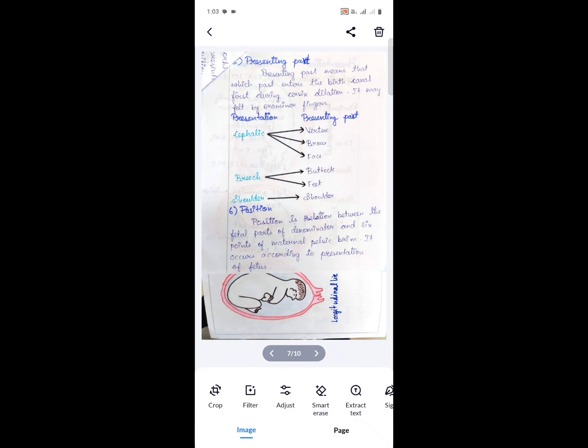Position is the relation between the fetal part, the denominator, and the part of the pelvic landmarks at which it is present. Based on these landmarks and the fetal denominator, we can conclude the position of the baby. So the maternal brim and fetal denominator are important when finding the position.